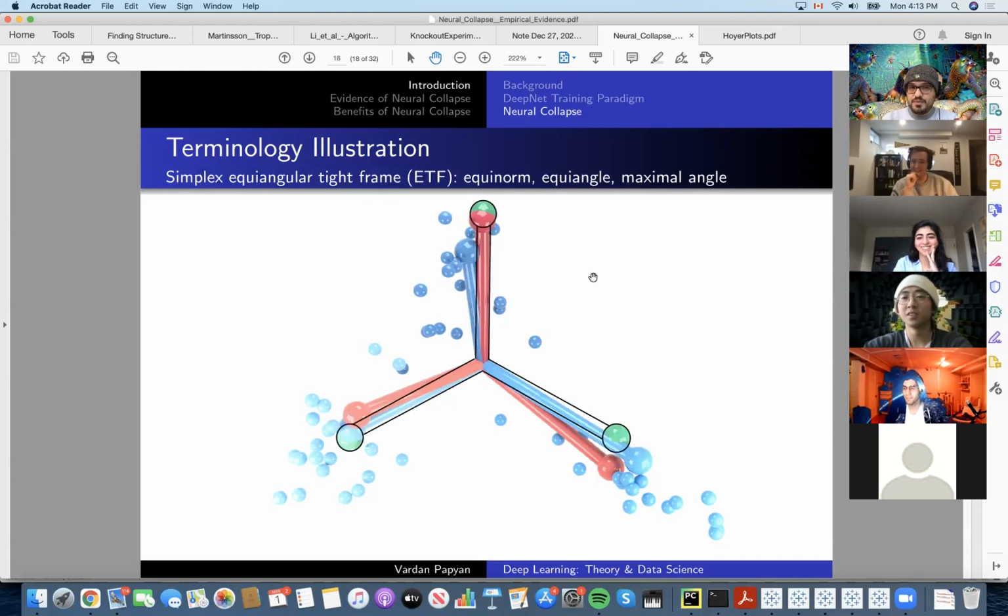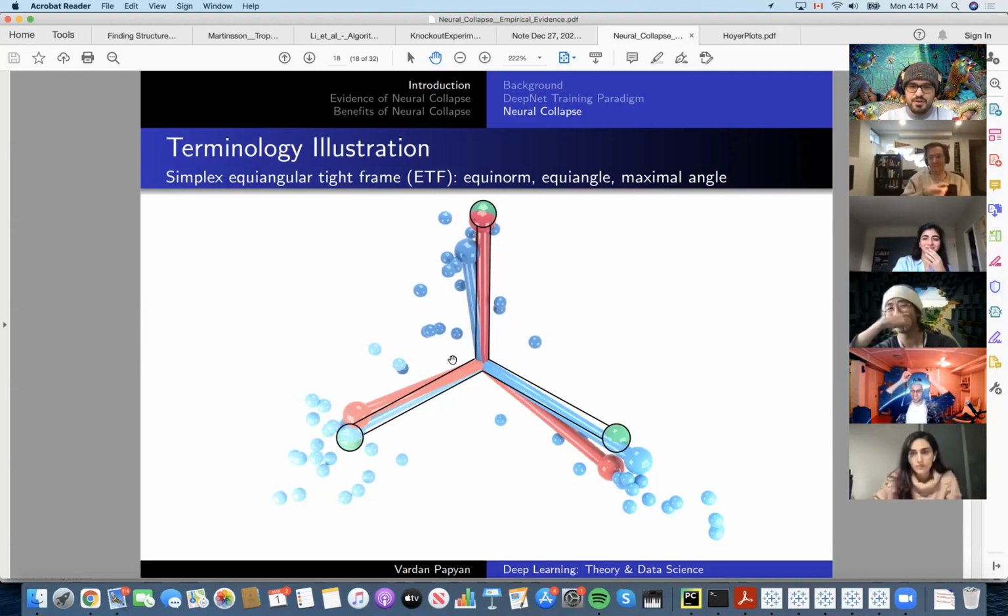We've also defined the simplex ETF, which was this perfect configuration that is plotted through these green spheres.